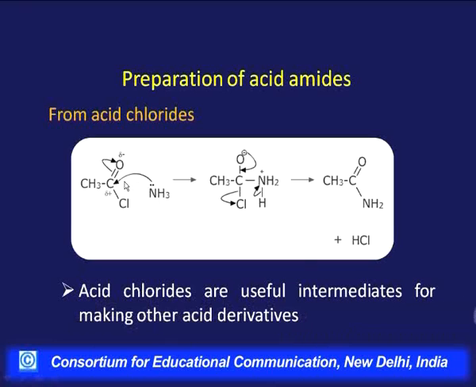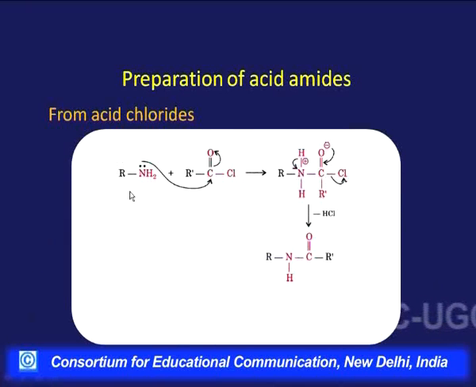So, ammonia gas acts as a nucleophile, and basically in these two steps substitutes the Cl. In the first step, the electron pair goes here, and when this electron pair comes here, this Cl is lost as Cl minus, and while leaving it takes away H from this NH3 portion that was there, and we will get the corresponding amides.